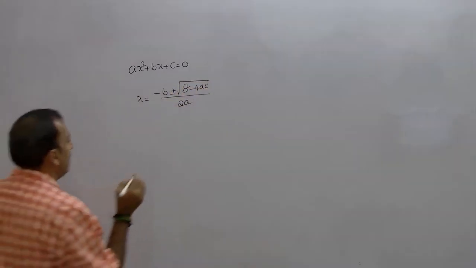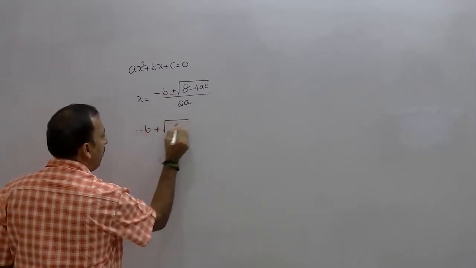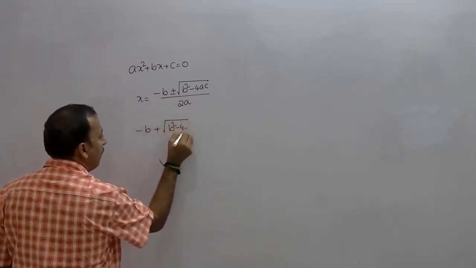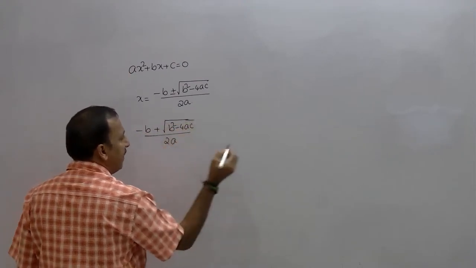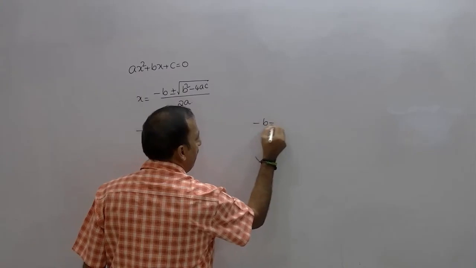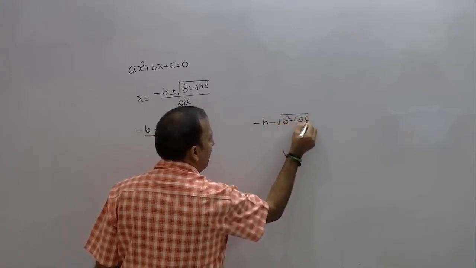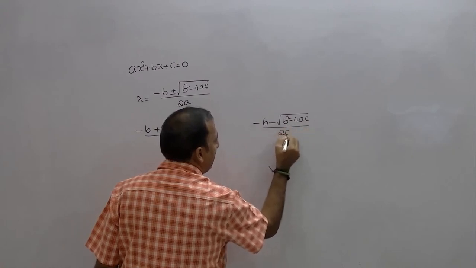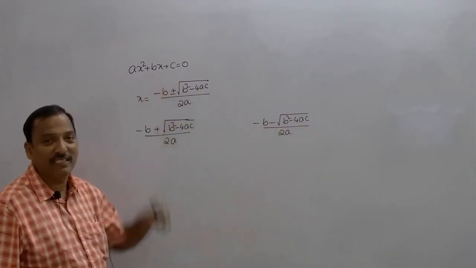That implies the two values: minus b plus root of b square minus 4ac by 2a, and the second one minus b minus root of b square minus 4ac by 2a. These two values of x satisfy this equation.